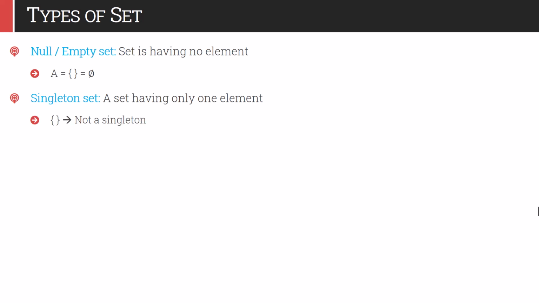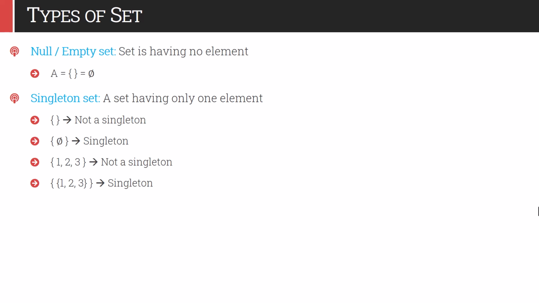For example, this is a null set. There is no element, so it is not a singleton set. Here, phi is the element of set. That's why it is a singleton, because it's the only element. {1, 2, 3} is not singleton because there are 3 elements, and {1, 2, 3} in curly bracket within the set is a singleton because {1, 2, 3} is the one element of the outer set.